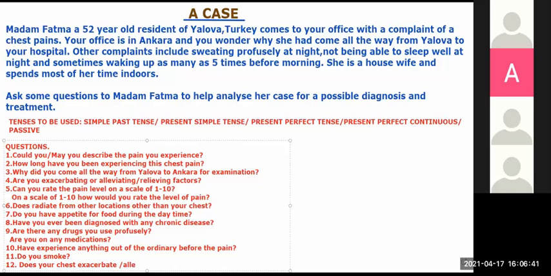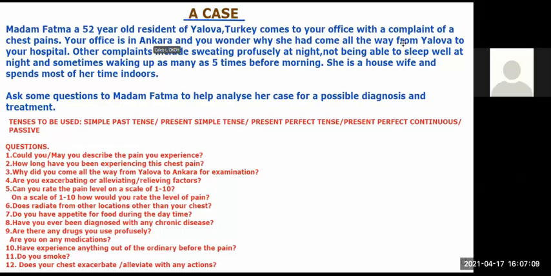In medical English, we generally use the word exacerbate or alleviate. So does your chest pain exacerbate or alleviate with any actions? Does it go down or go up with any form of movement, like sitting, or doing anything? So that is how we are going to ask that question.